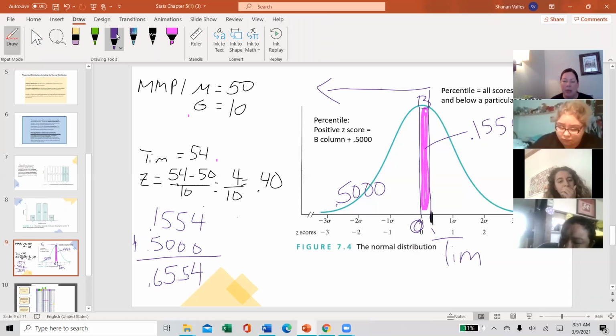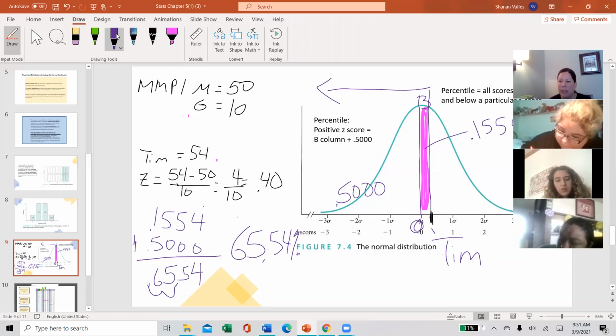To turn that into a percentile, you just slide that decimal over two places. Remember that? That's one of the only things I remember from math. So in this example, Tim is in the 65.54 percentile.